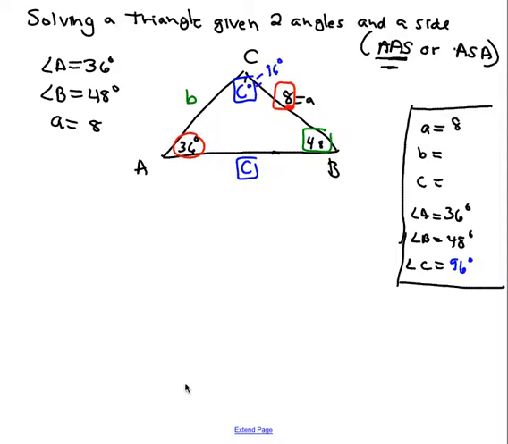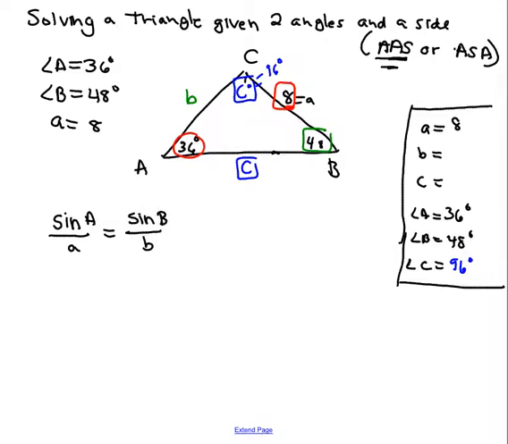Now I'm going to set up a proportion using the law of sines because I have a ratio of the sides. Because I know these two in red, angle A and side a, that's going to be one of the ratios I use. I'm going to use sine of A over a equals sine of B over b.